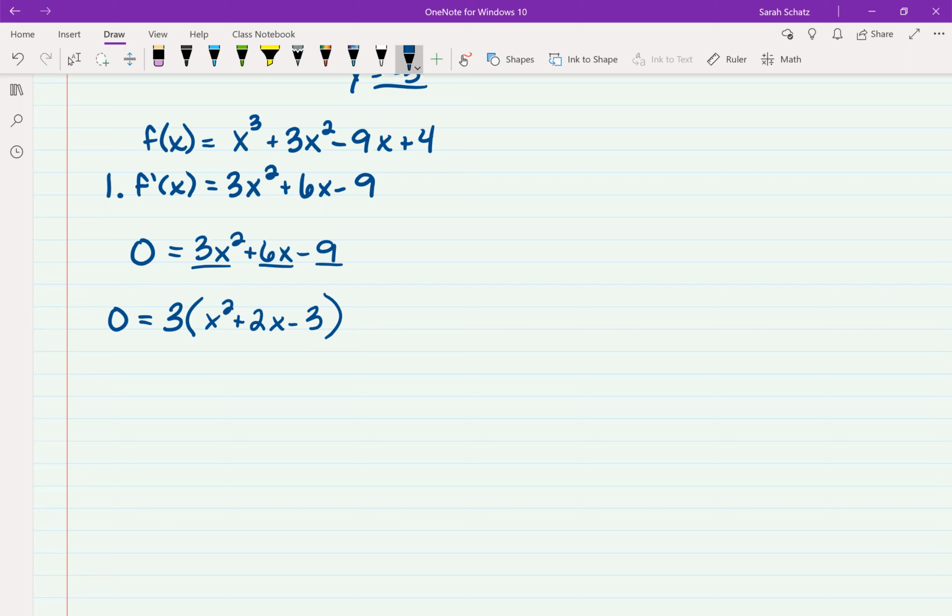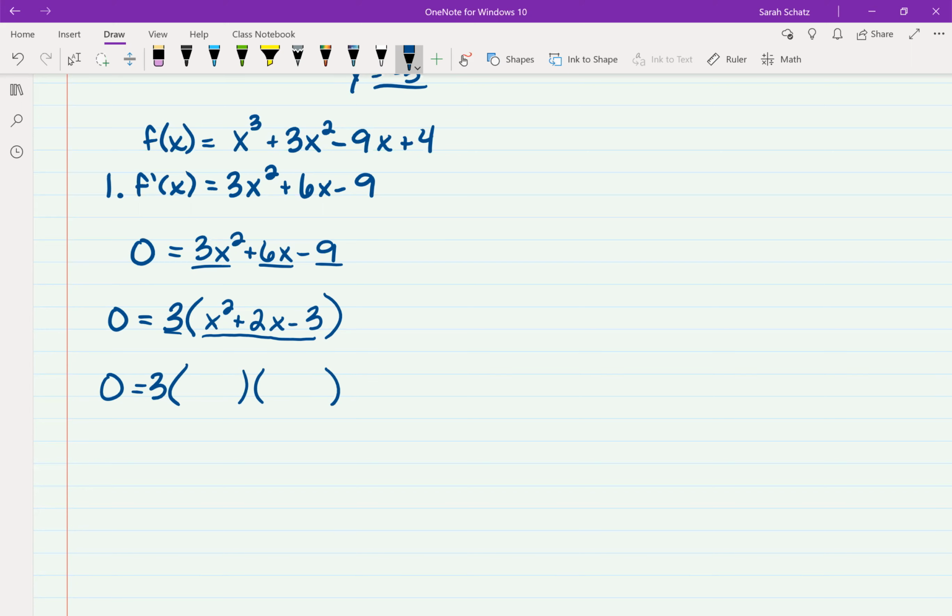And it makes my factoring easier, because this 3 out here, I don't really have to concern myself with it anymore. I'm going to focus on factoring this part. And now my x squared is by itself, so it's easier to factor. So I have 0 equals 3 times whatever I get when I factor this.